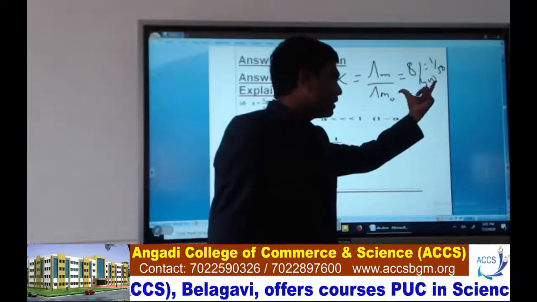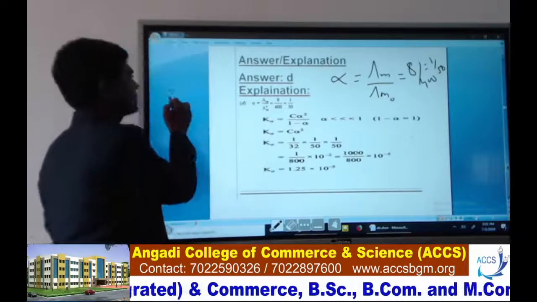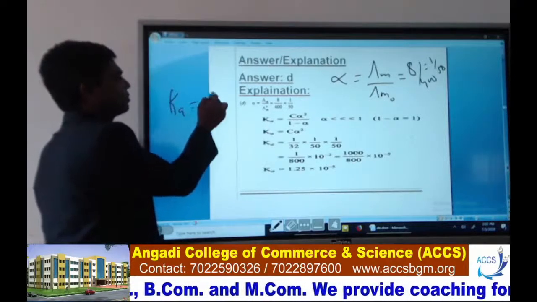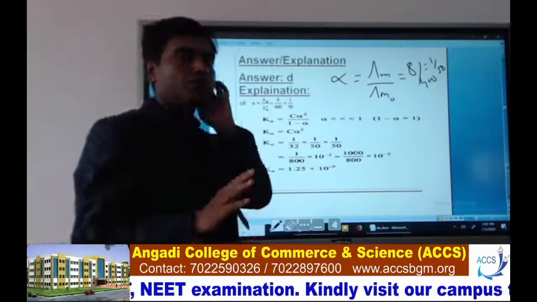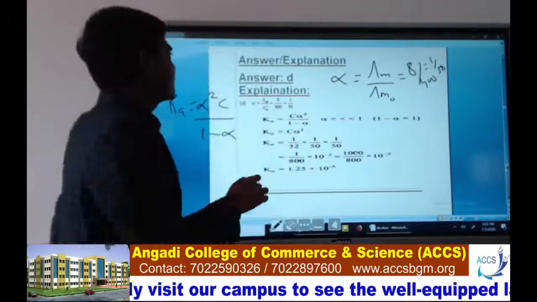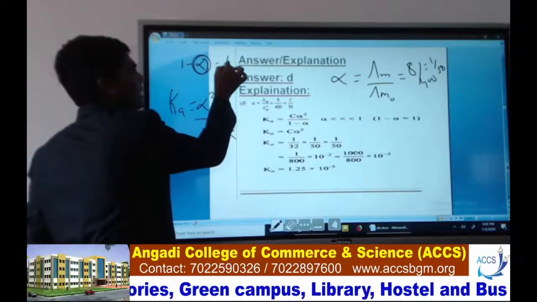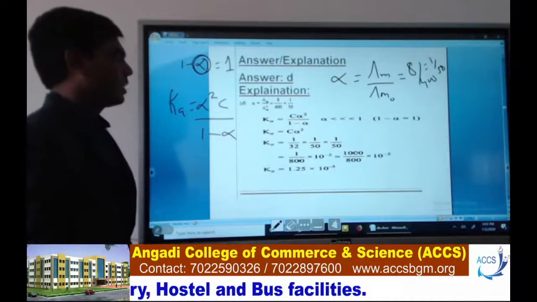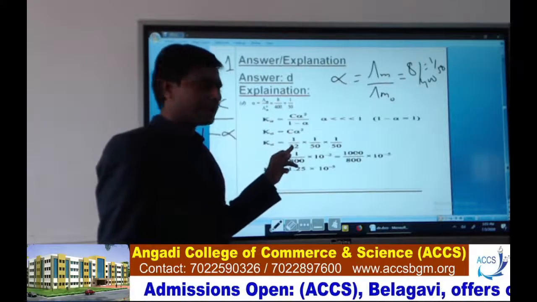When you get the degree of dissociation, go for Ostwald's law. What is Ostwald's law? Ka is equal to alpha square C divided by 1 minus alpha. And you know that for weak electrolytes, in 1 minus alpha, alpha is neglected and it becomes equal to 1. Therefore, substitute all the values. Concentration he has given 1 by 32.